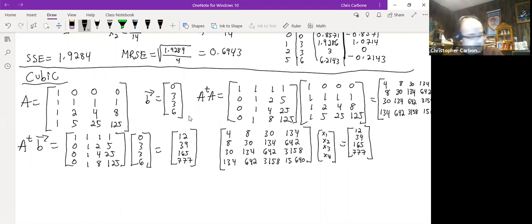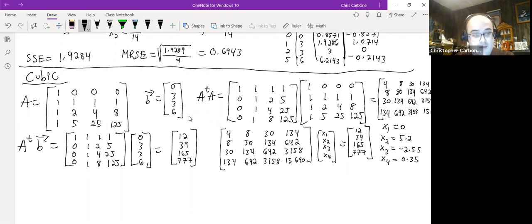So based upon what we saw there, the value of x, I'll write it over here. X sub 1 was 0. We don't need that term at all. X sub 2 was 5.2. X sub 3 was negative 2.55. And X sub 4 is 0.35.